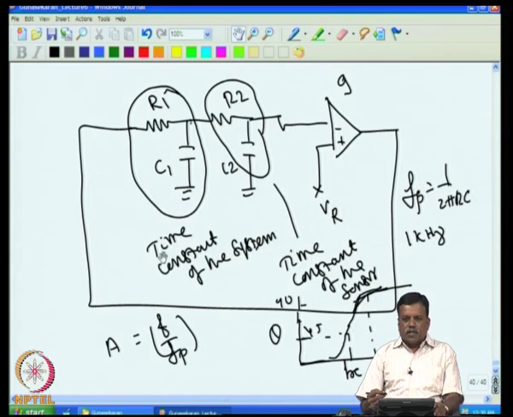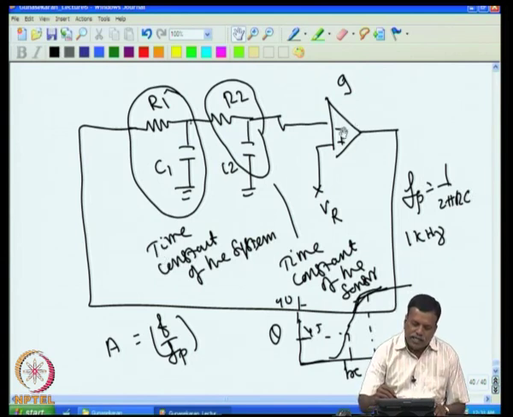That is, any one of the conditions should not get satisfied if you do not want oscillation, in the sense that either the phase shift should not be 360 degrees around the loop, or the gain should be less than 1 around the loop. If any one of them is satisfied, then the system will not oscillate. Of course, one easy way is to reduce the gain. If you reduce the gain, then the attenuation will be dominating, and then the loop will not oscillate. That can be done very easily.